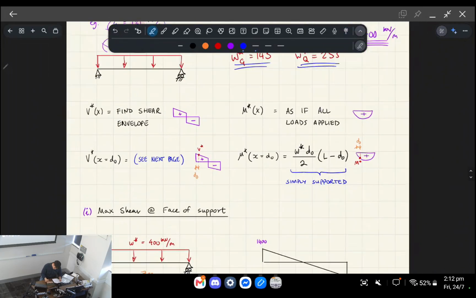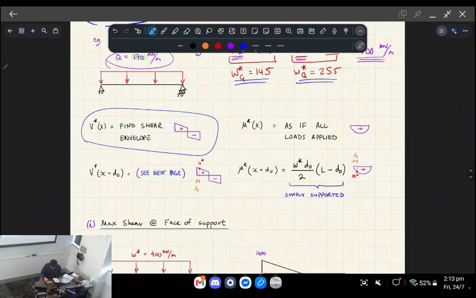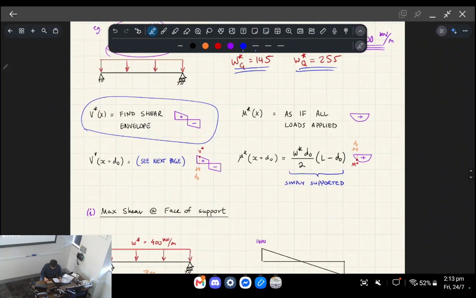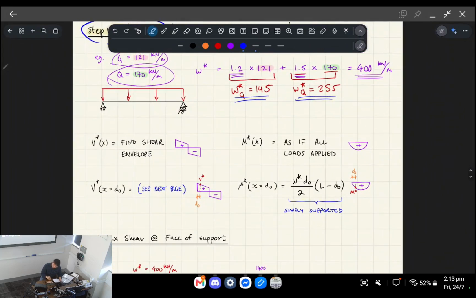Okay, so why is that important? It's important because we're interested in finding something called the shear envelope, right, which is the worst case loading conditions for our beam in shear.